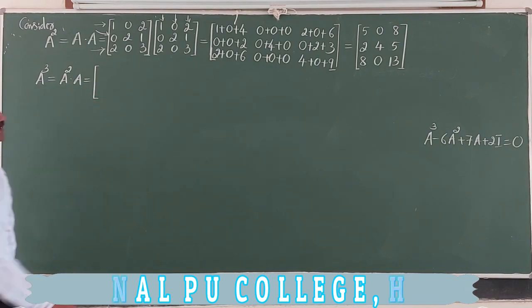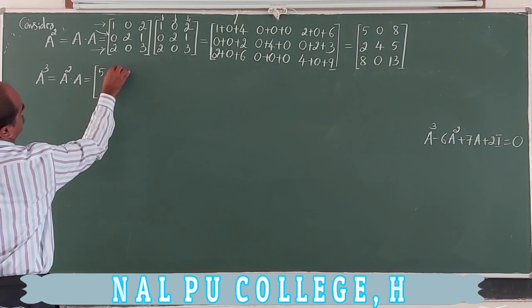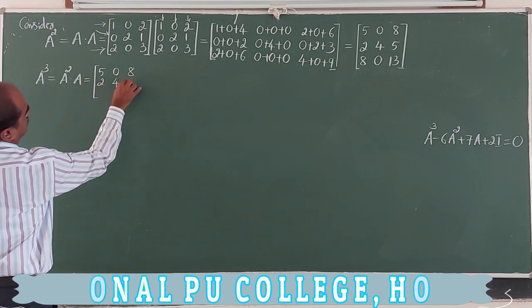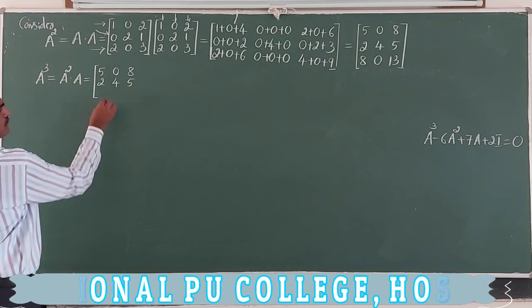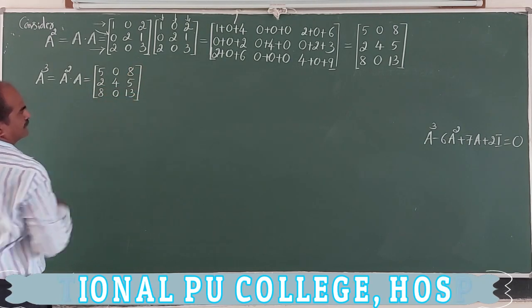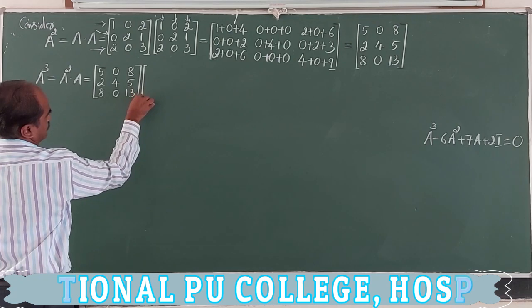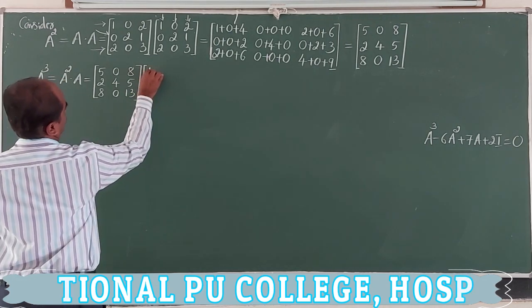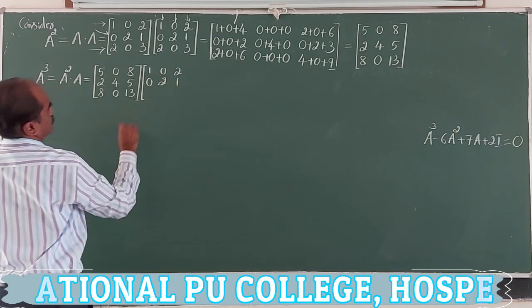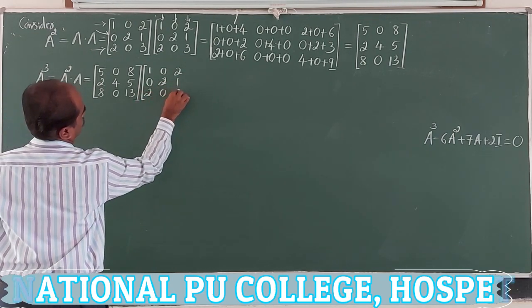We determined what is A square: matrix whose first row elements 5, 0, 8, second row elements 2, 4, 5, third row elements 8, 0, 13, into, again matrix A, first row elements 1, 0, 2, second row 0, 2, 1, third row 2, 0, 3.